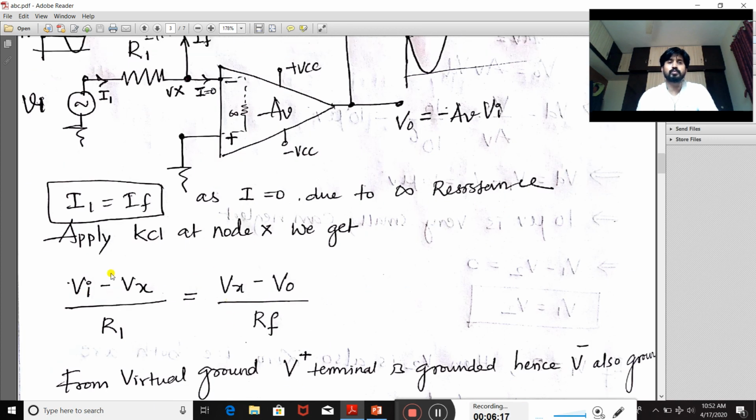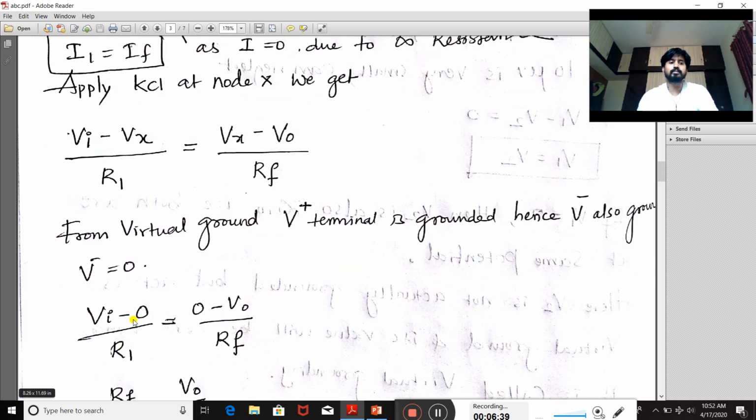Then as we know, in the virtual ground concept, the positive terminal voltage is the same as Vx. So Vx also remains 0 here, and this is also 0. So I can write Vx is equal to 0: Vi minus 0, 0 minus V0. So it becomes Vi minus 0 by R1, equals 0 minus V0 by Rf.